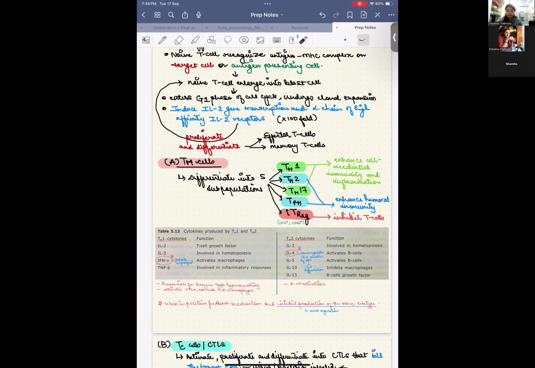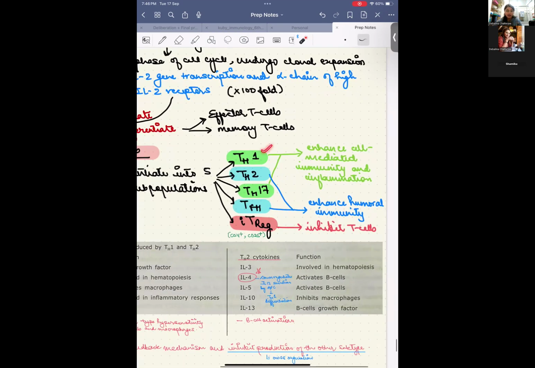Now, if you look here, your TH1 and TH17 subtypes enhance cell-mediated immunity and inflammation, which means the function of CTLs as well as the functions of your innate cells. TH2 and follicular T cells enhance your humoral immunity.